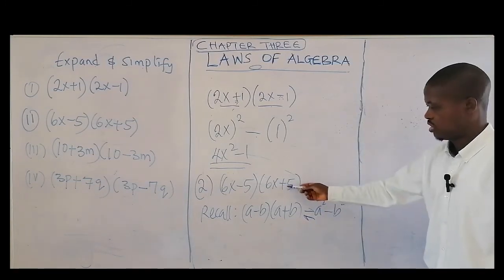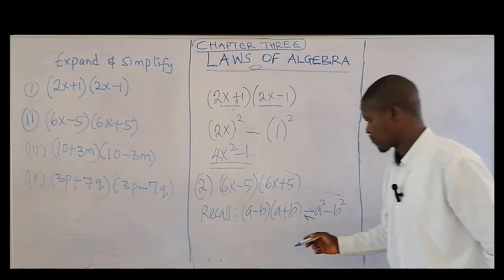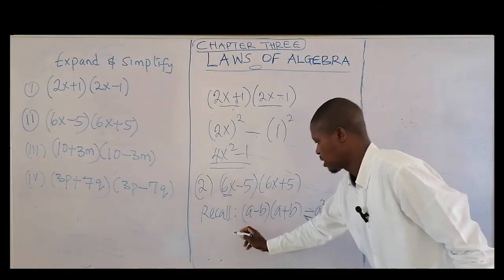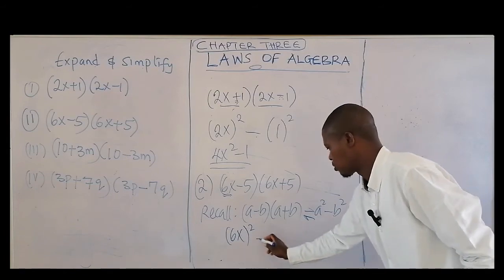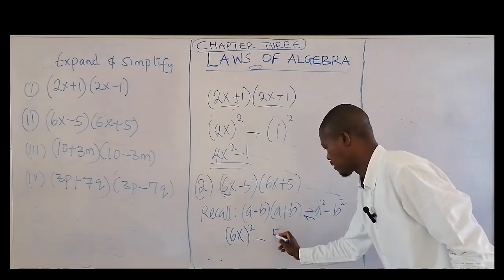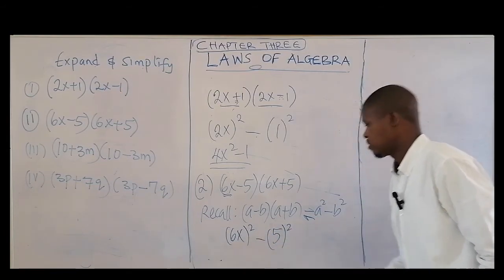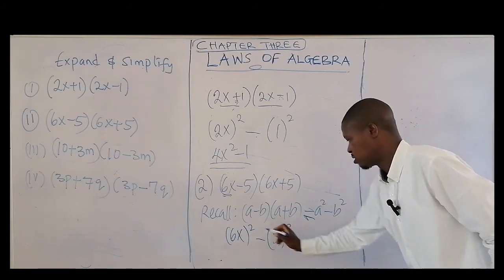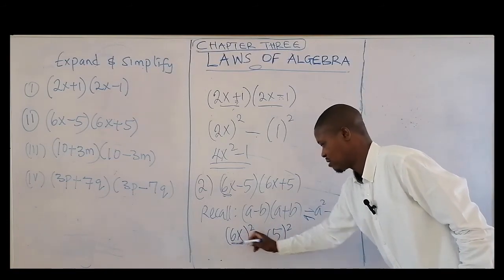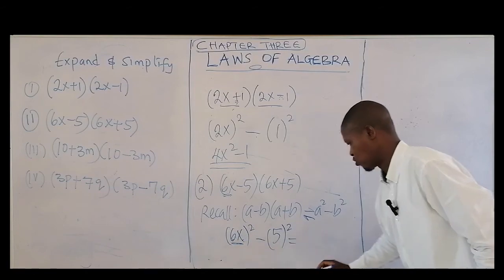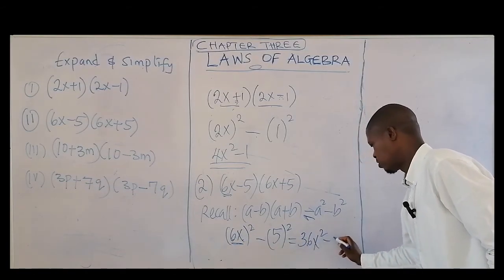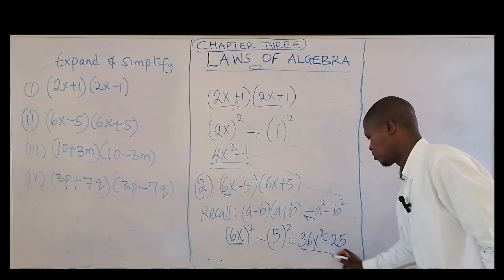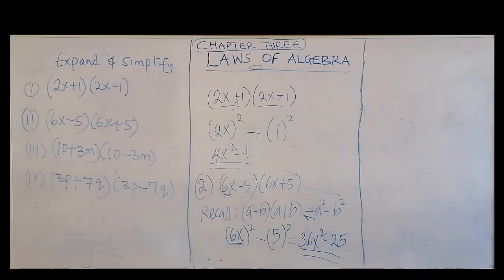Apply this to this question. This is your a, that's 6x squared. Then minus, your b is 5, so that's b squared. This square will affect the two items. That will be 6 squared x squared, that will be 36x squared minus 25. So that's that on that question.